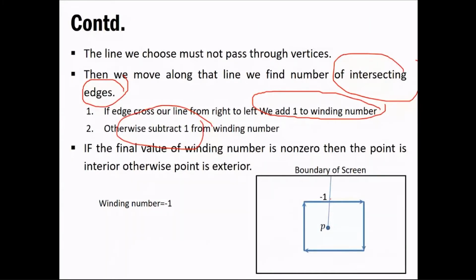If the final value of the winding number is non-zero, then the point is interior, otherwise the point is exterior. You have to keep this in mind. Our value is not 0, so the point is interior. Our case says it is non-zero, so it is an interior point. It is a very simple thing that you just have to follow.